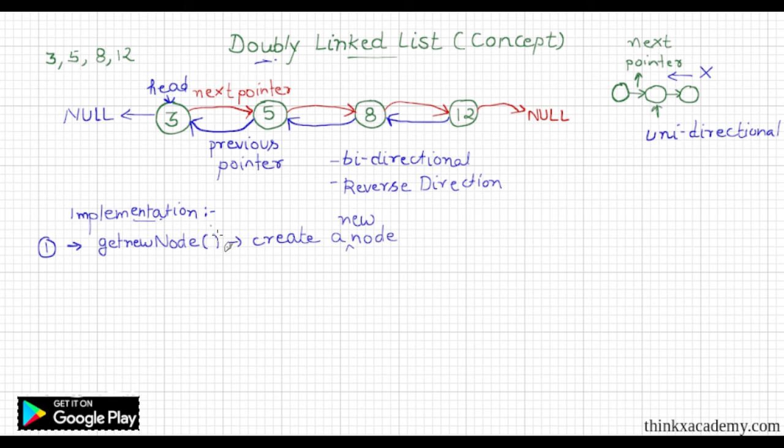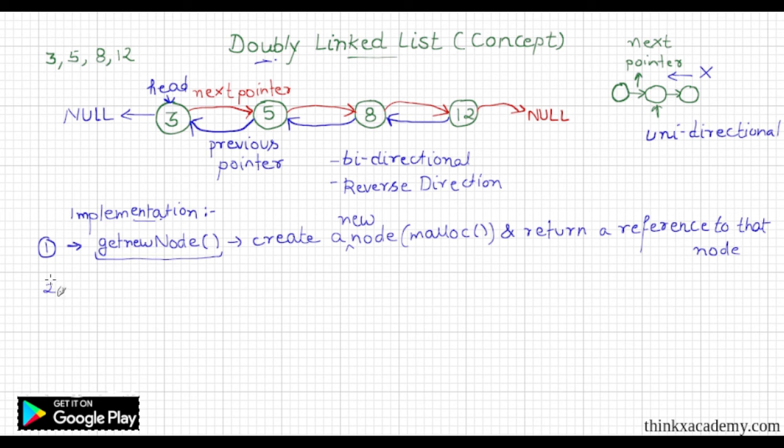So in this function, we are going to pass some data, and this function will create a new node using the malloc function, and then it will return a reference to that node. So this is the first function that we are going to implement.